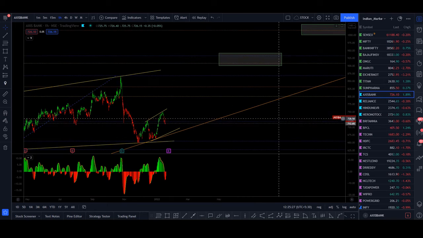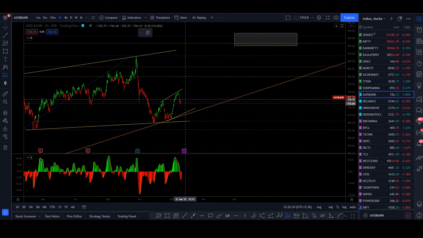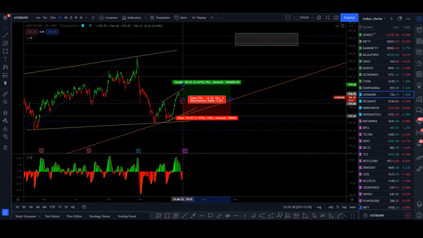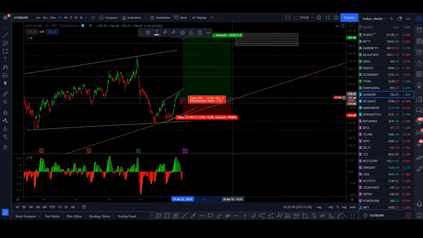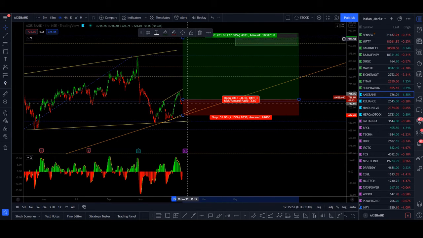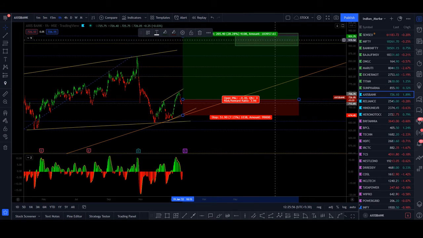So our trade setup will be, we are not expecting anything to drop down, so the trade setup I'm going to show. So entry point at this point, and not below this line, so I'll just keep it here as stop loss, and then our first target is expected to be around 930.